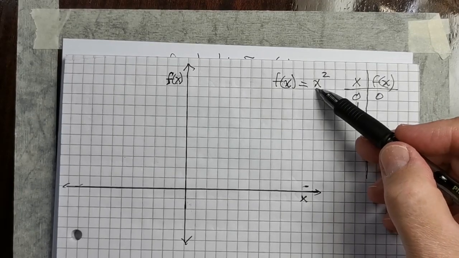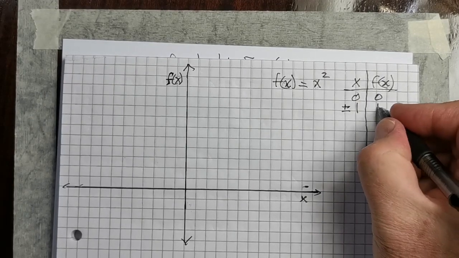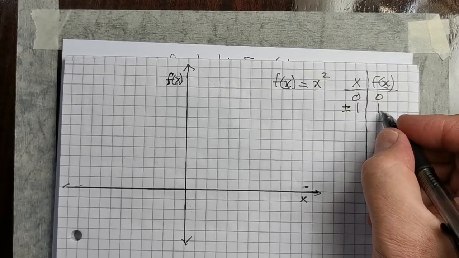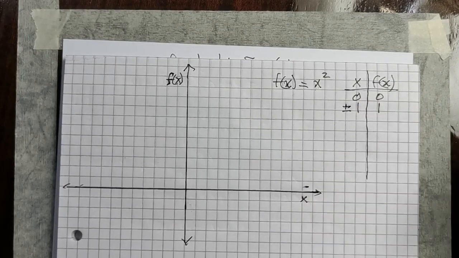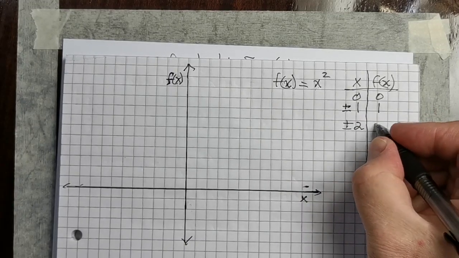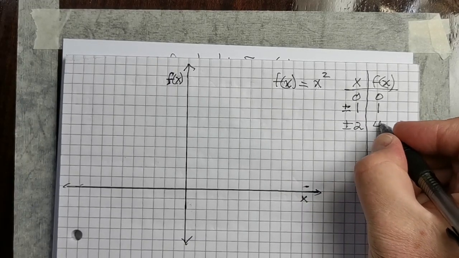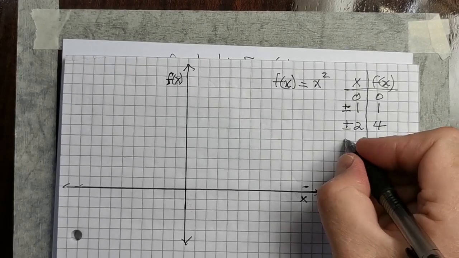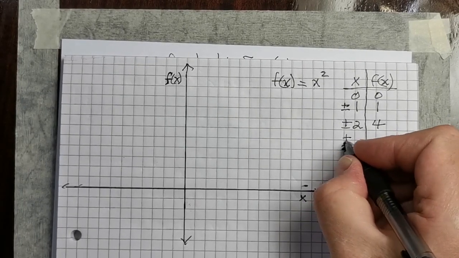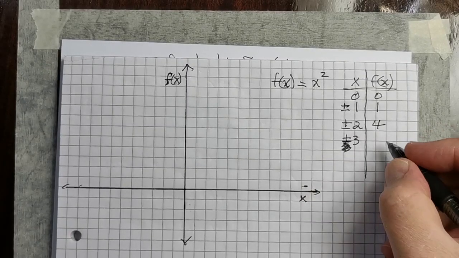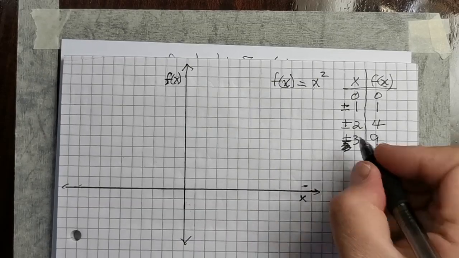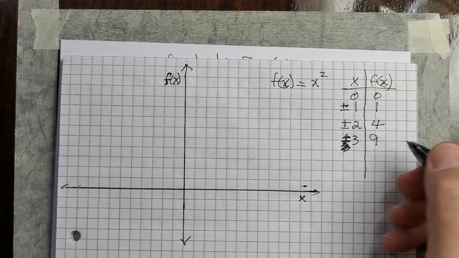If I put in positive 1, 1 squared is 1. And if I put in negative 1, negative 1 squared is also 1. So plus or minus 1 both give us 1. Plus or minus 2 both give us, that's right, 4. And plus or minus 3 would be equal to 9. Okay? Plus or minus 3, 9.